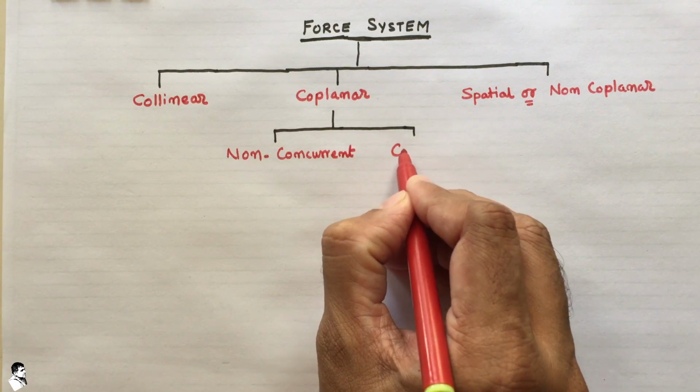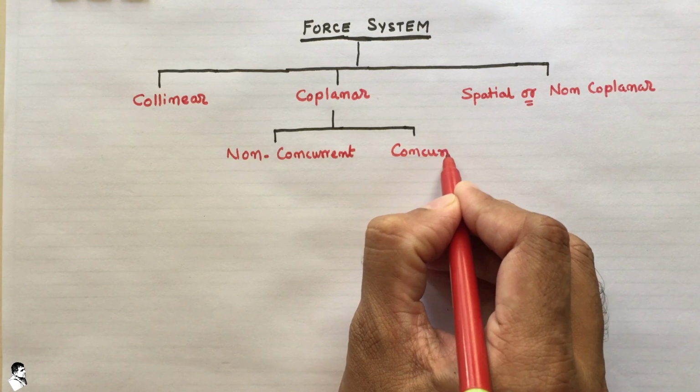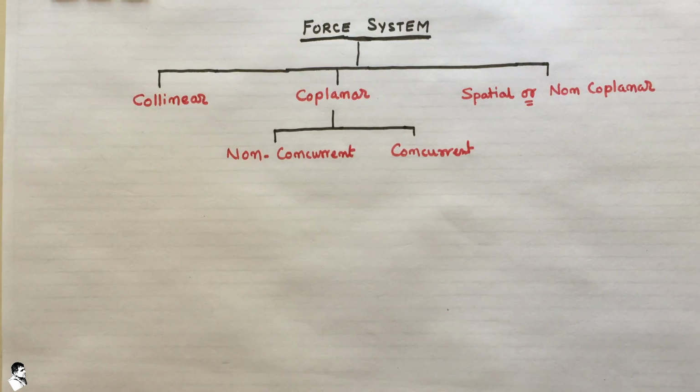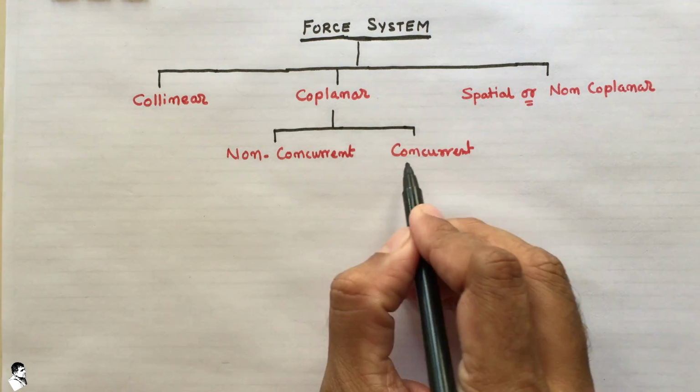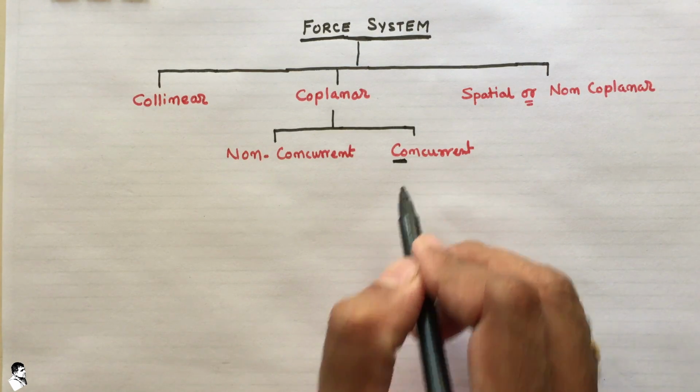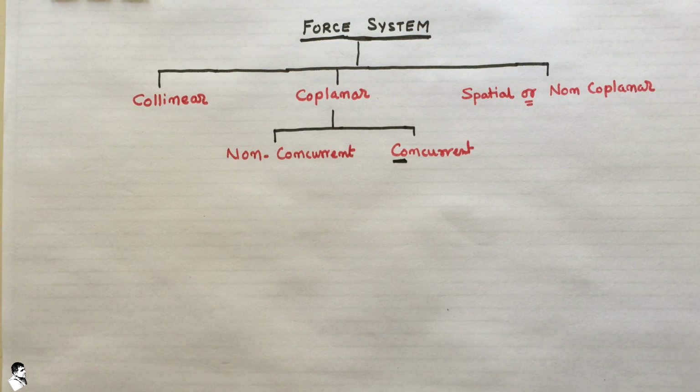The meaning of concurrent forces is, here again, co means the same and current means meeting. So the forces are acting at the same point.